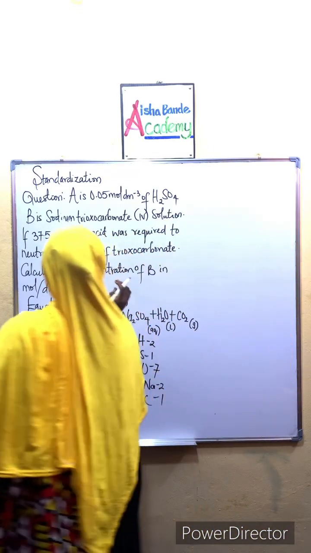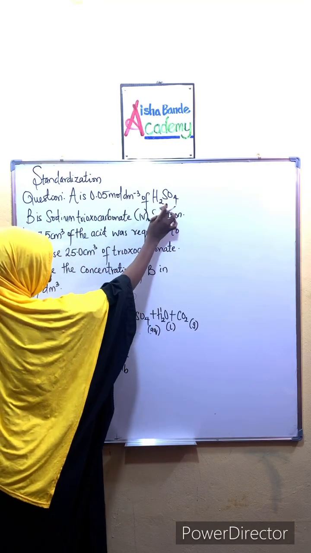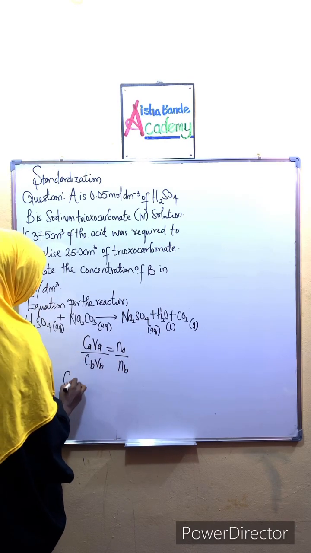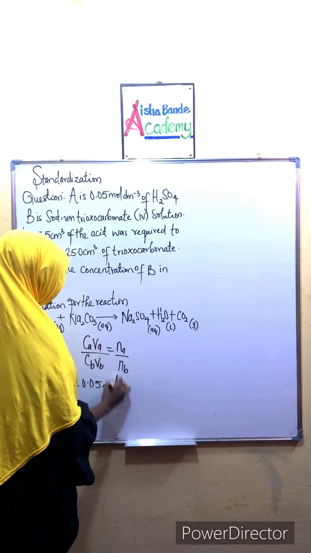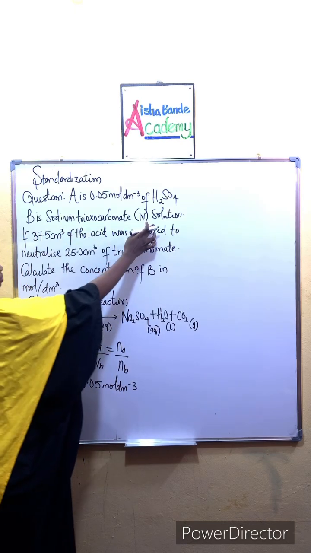Now let's bring out the parameters that have been given in the question. This is 0.05 mole per dm cube of H2SO4, and we know that H2SO4 is an acid. So the concentration of acid is 0.05 mole per dm cube. While B is sodium trioxocarbonate.